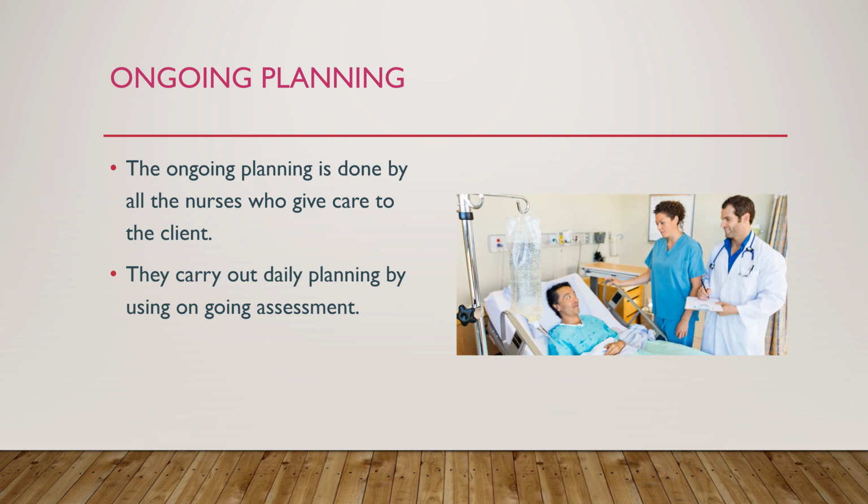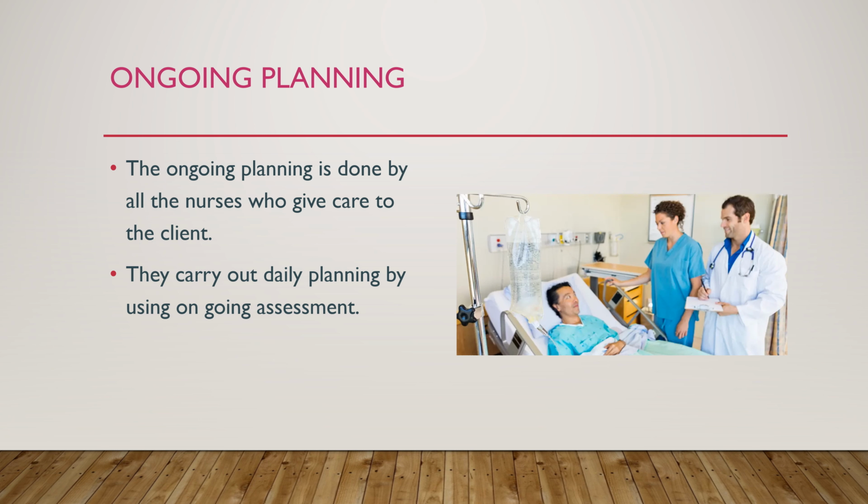Then again comes the third staff. So ongoing planning is done by all the nurses who are involved in direct patient care of the same patient, and in that way they carry out daily planning by using ongoing assessment, because they keep assessing the patient on a daily basis and accordingly keep doing ongoing planning.